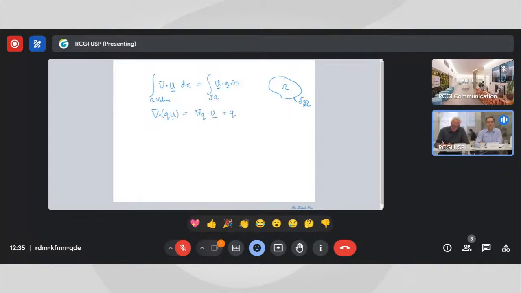And I've got the other part of the product rule, the scalar times the divergence of u, just one, two steps. So why does that help me? These are the two separate terms. The gradient of q we saw I introduced on that previous slide, multiplied by some sort of vector quantity. On the left-hand side here, I've got a divergence term.